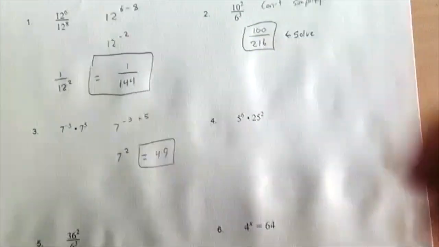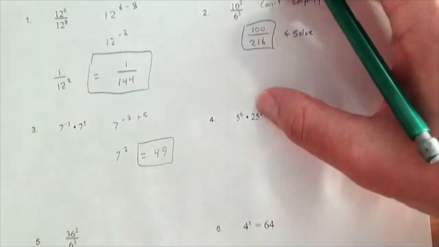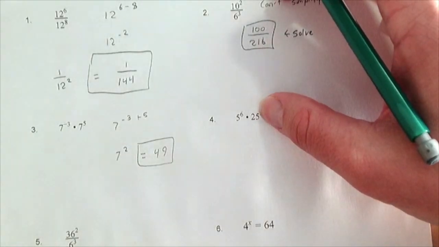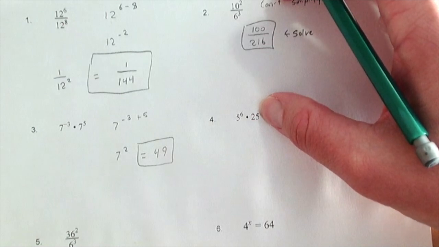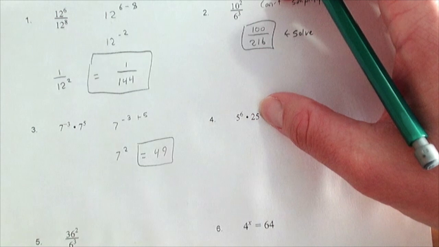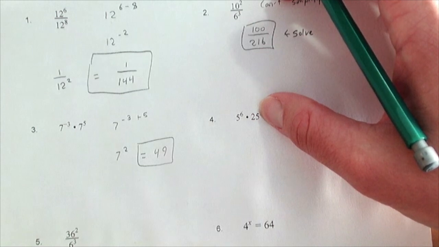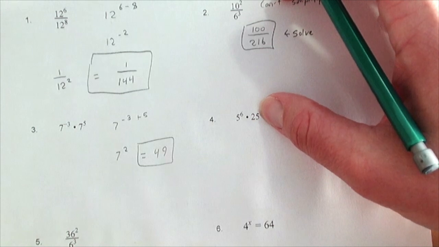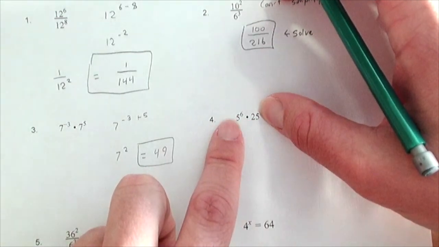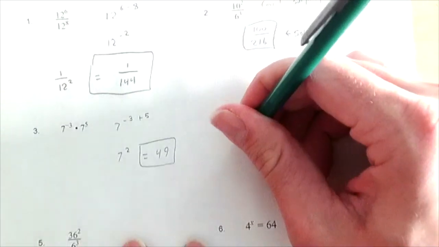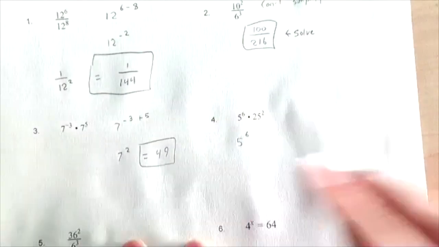I explained that really poorly, but let's ignore this, right? If I'm looking at the number 25, we know that we can rewrite 25 as 5 to the second power, or 5 squared, right? So this number we can turn into a number with 5 as the base. We don't need to change 5 to the 6th at all.